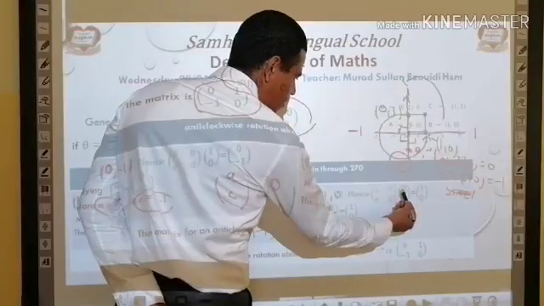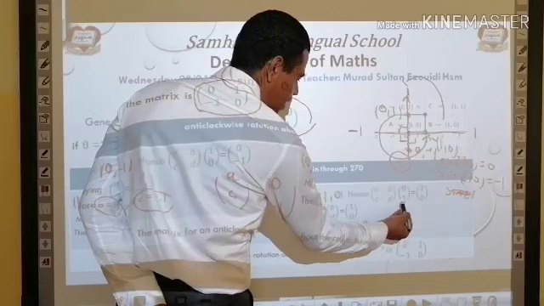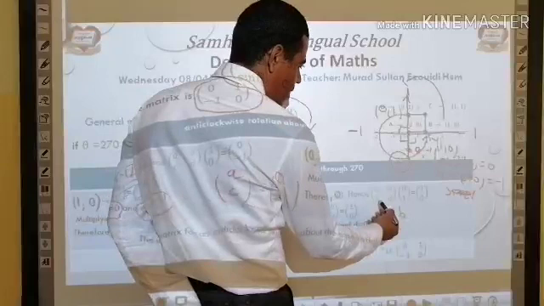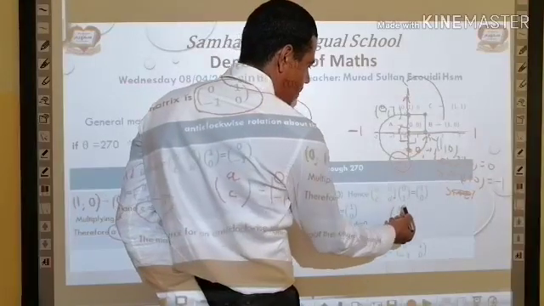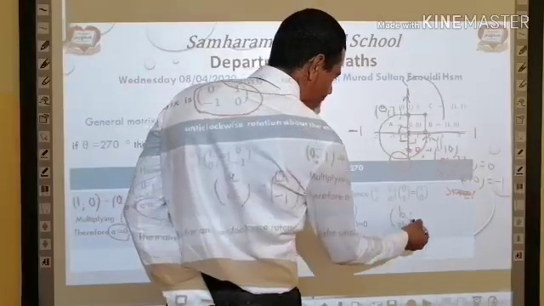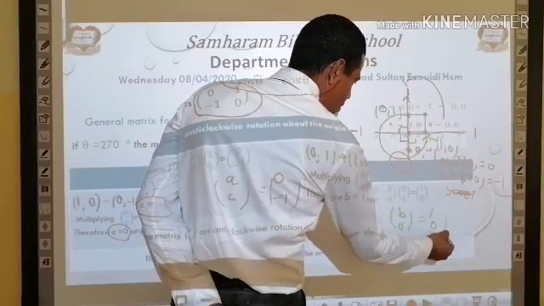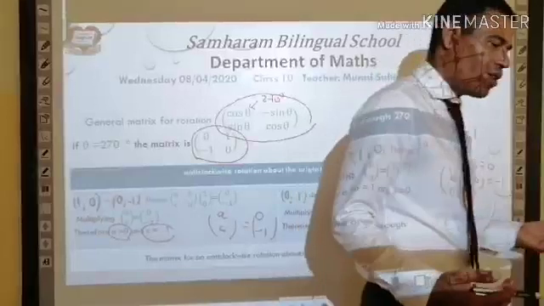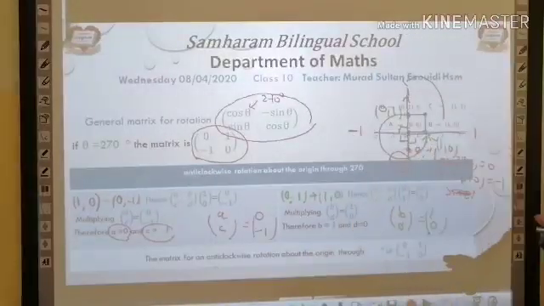A multiplied by 0 is 0, plus B multiplied by 1 is B. Then the next, C multiplied by 0 is 0, D multiplied by 1 is D. This should be equal to what? To 1, 0. Now you can equate both matrices. Why? Because both of them are equal and both of them have the same order.